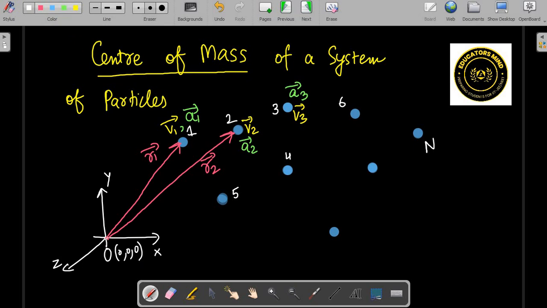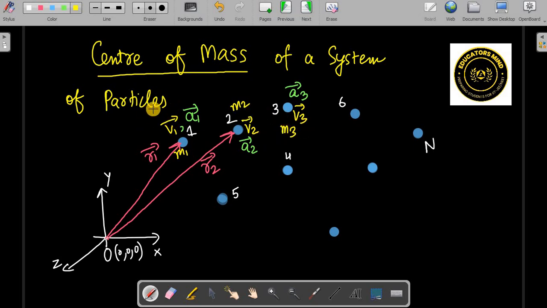Now, to study the entire system, we want to reduce the whole system of particles into a single particle. Each particle has a mass too: m1, m2, m3, and so on.